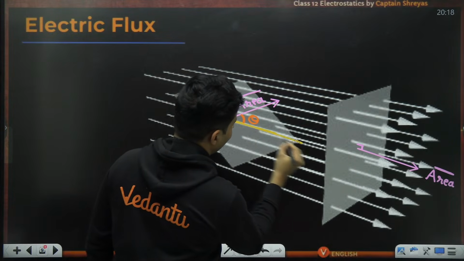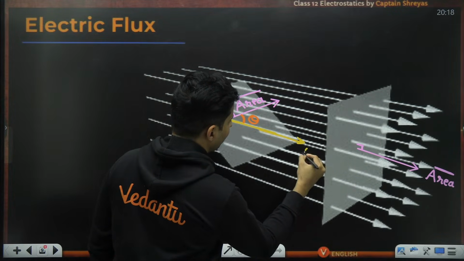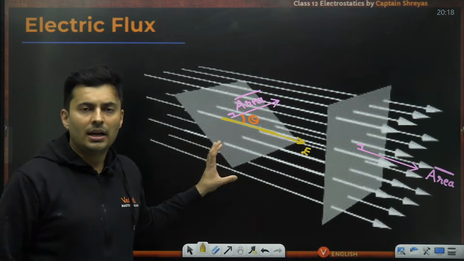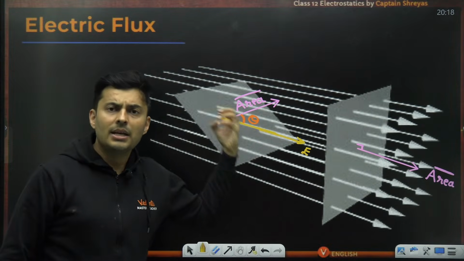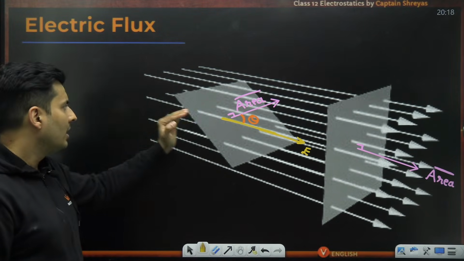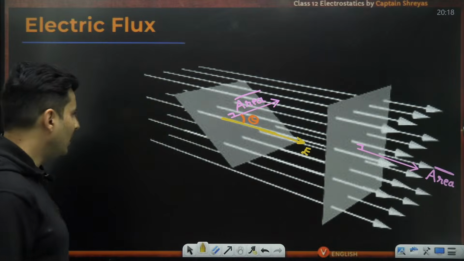So theta definitely has some role to play in calculating how much flux is passing through it.